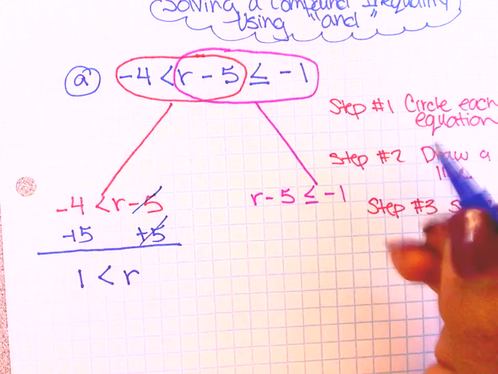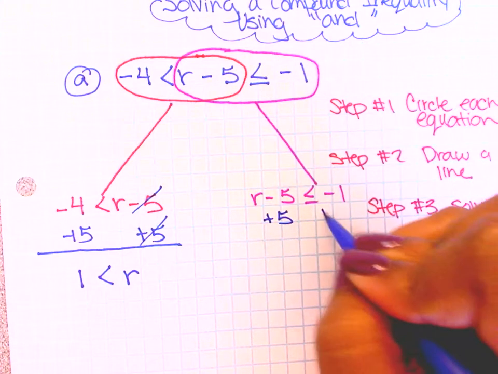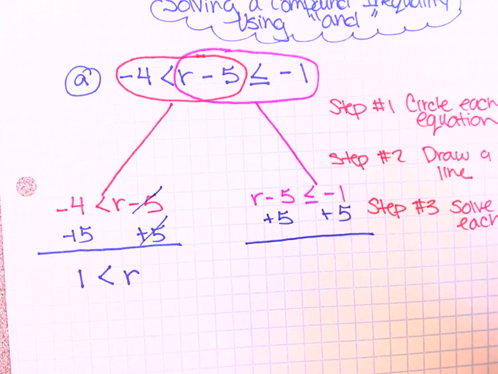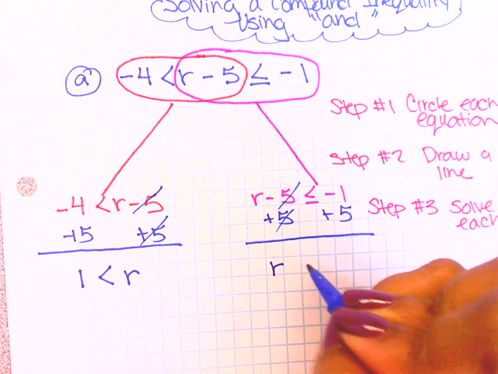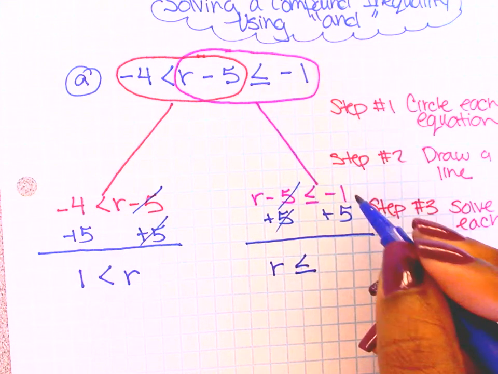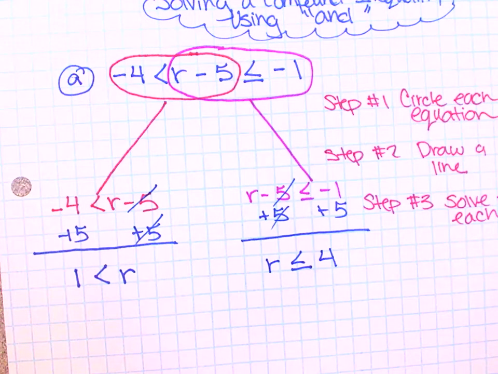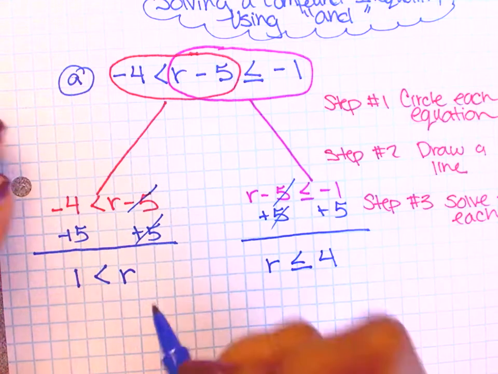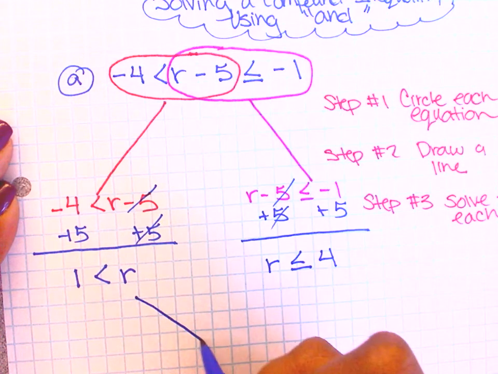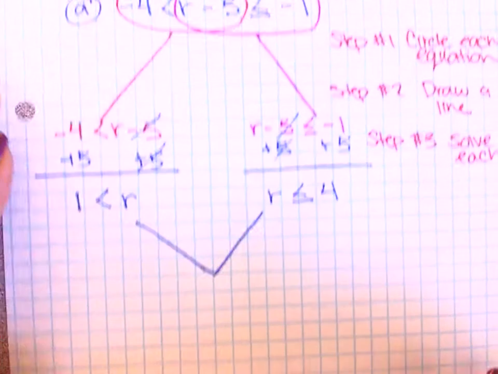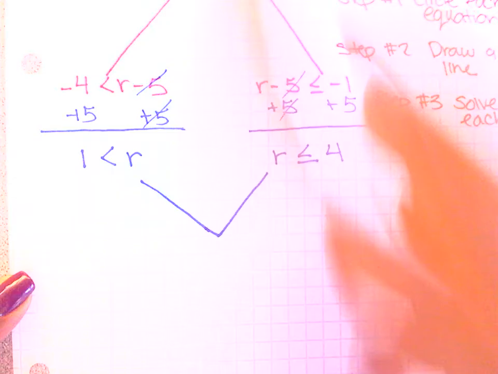Now I'm going to solve for the other equation. I'm going to add 5 to both sides. Draw my line. My 5's cancel. I'm left with r is less than or equal to negative 1 plus 5 is 4. So now if I bring these two together to make one equation, at the end I'm going to write it like it was in the beginning.